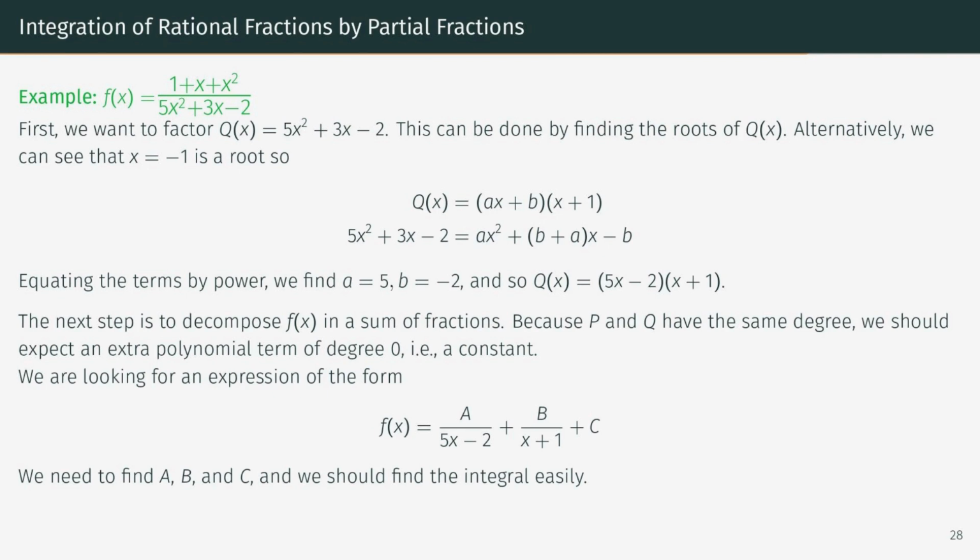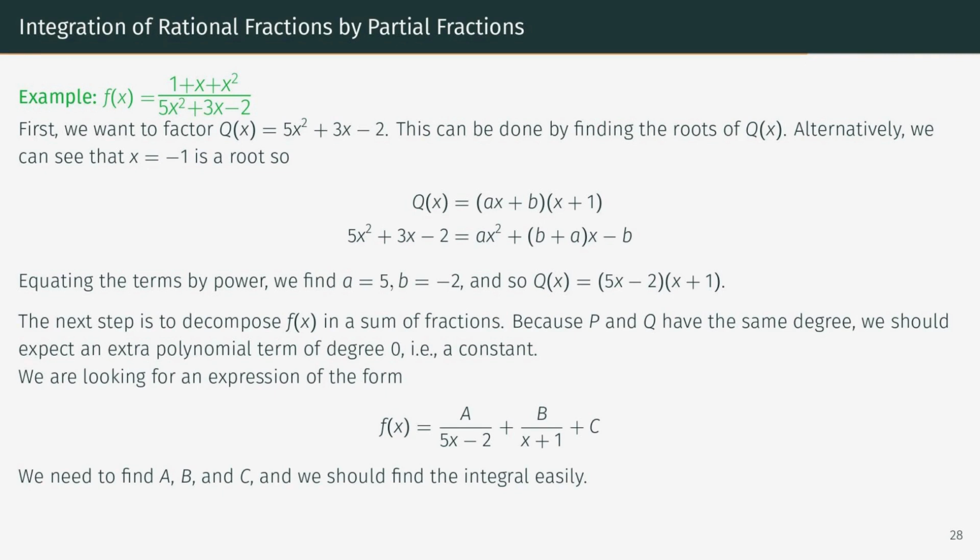Then, equating the terms by power, we can see that a equals 5, b equals -2, and so q of x equals 5x minus 2 times x plus 1.